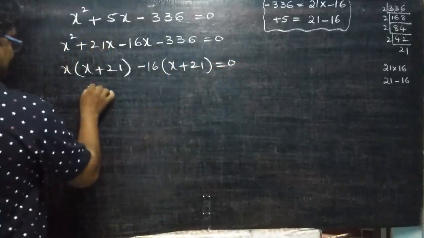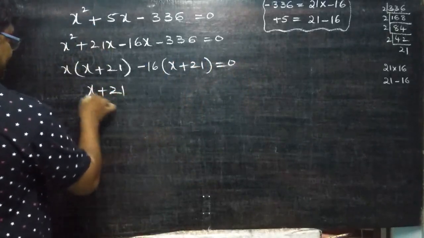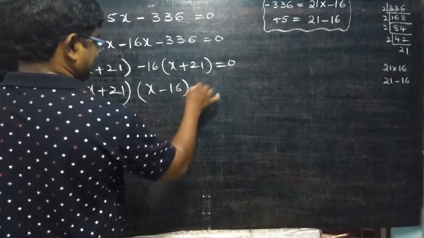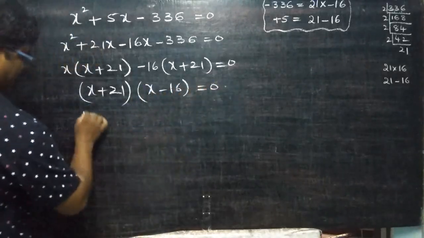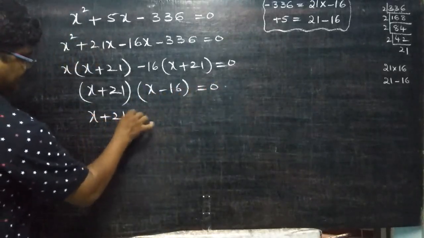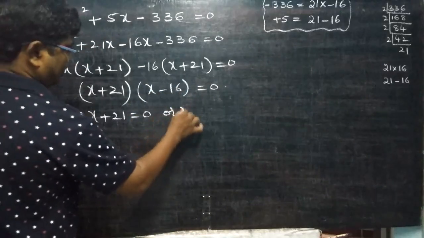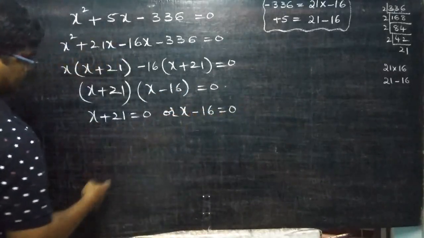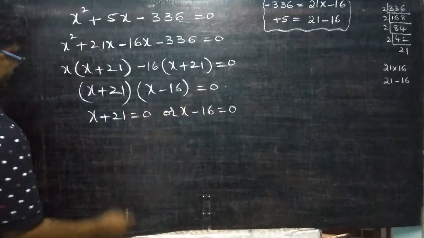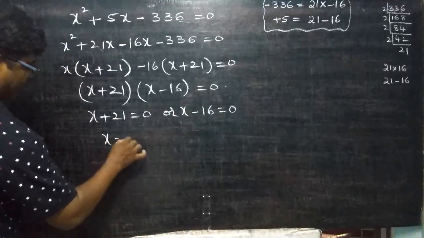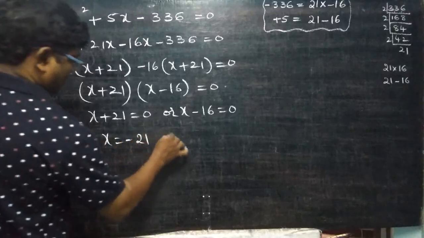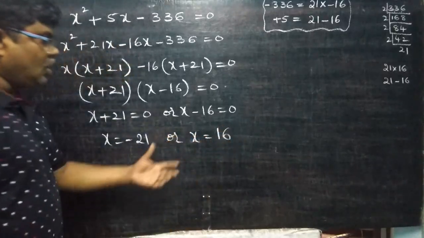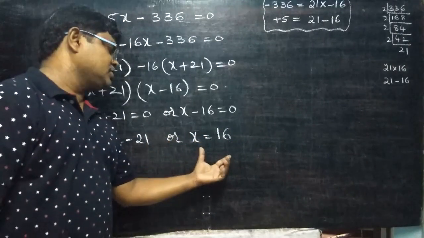Now on the whole, x plus 21 is common and the remaining is x minus 16, equal to 0. x plus 21 is equal to 0 or x minus 16 is equal to 0. Now x is equal to minus 21 or x is equal to 16. Always the measurements will be positive.